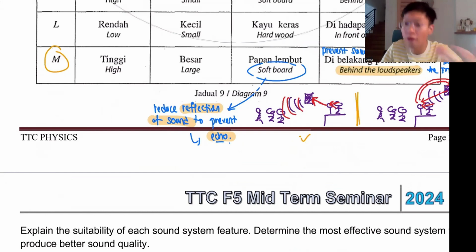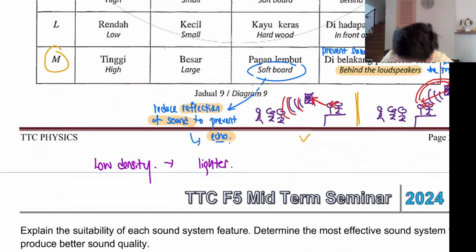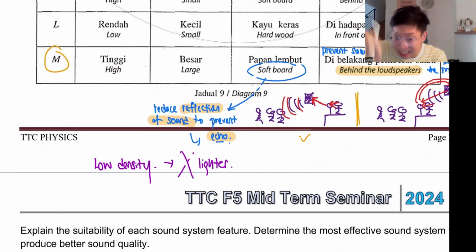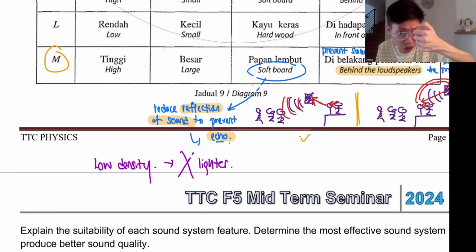Okay, let me ask you a question. You all know this from Form 5, right? In a lot of essays, we always say low density, correct? Then if you see the scheme answer, they will say, because this is lighter. Do you know this is now officially banned? Why, for low density, can you not straight away write lighter? Because what is lighter? Lighter is the thing with fire, isn't it?